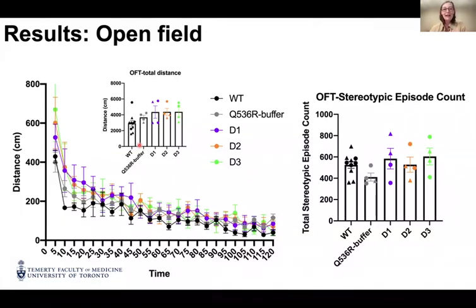And so we can't really use this locomotor activity with this particular variant mouse. However, we did notice that their repetitive movements were changed a little bit. So we're looking at this as perhaps there's something there that we can tease out as a readout of whether this virus is working or not.